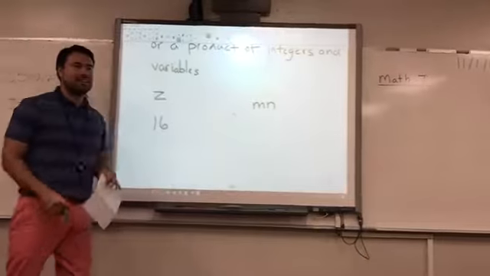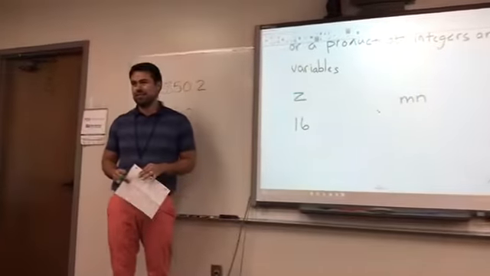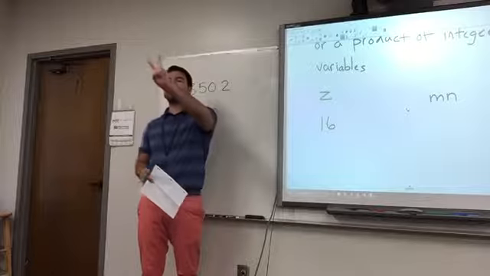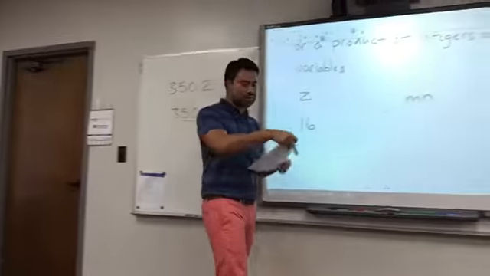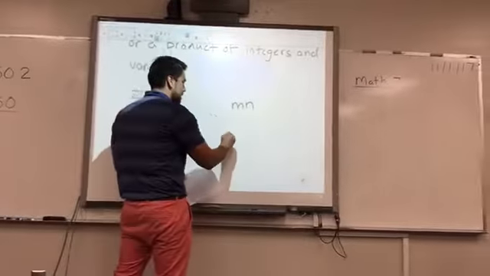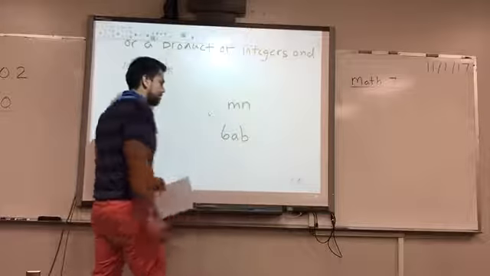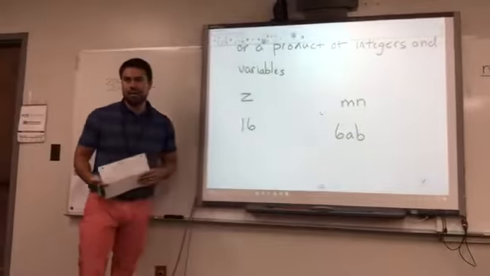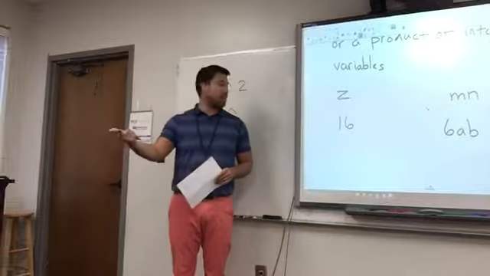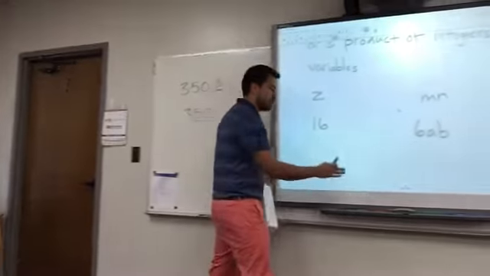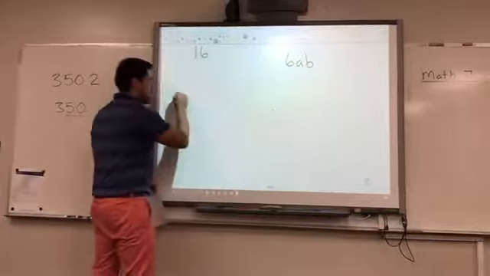MN. Why? It's a product of two variables. So that counts. And then another example, 6AB. Is that a monomial? Yes, because it's 6 times A times B. So those are all good examples.